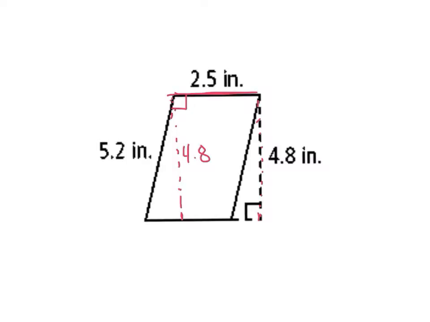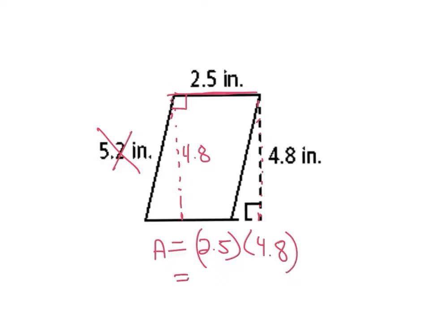Okay, so the area of the parallelogram, we're going to ignore the 5.2 because that does not make a right angle. That's not perpendicular. So it's 2.5 multiplied by 4.8, and multiplying those together, it equals 12. So 12 square inches. So inches squared represents the area.